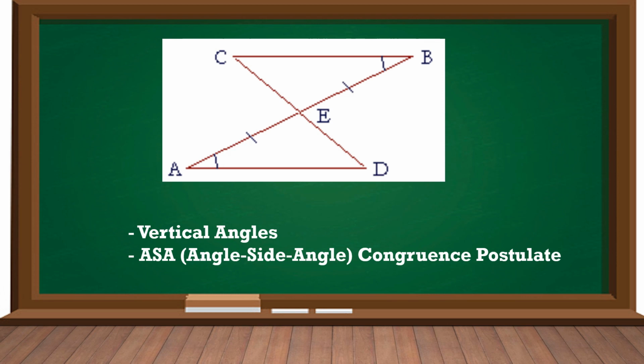We can say that triangle AED and triangle CBE are congruent triangles according to angle side angle congruence postulate, which says again that if two angles and an included side of one triangle are congruent to the corresponding two angles and an included side of another triangle, the two triangles are congruent.